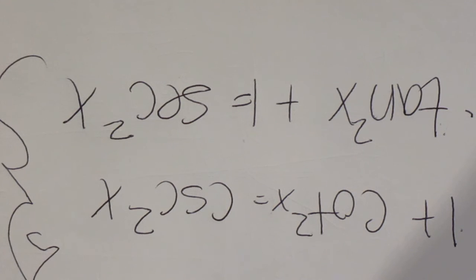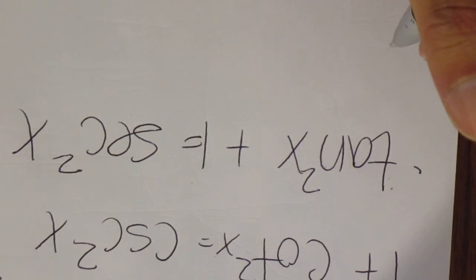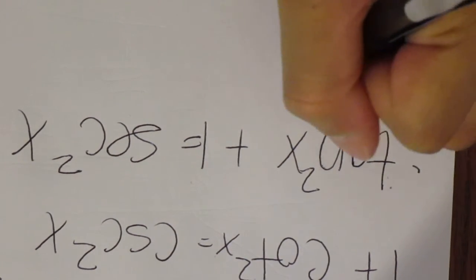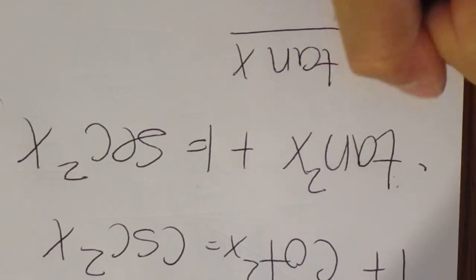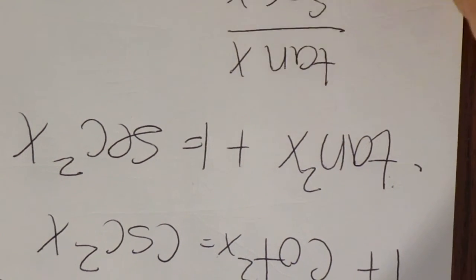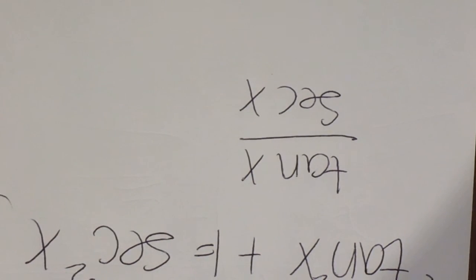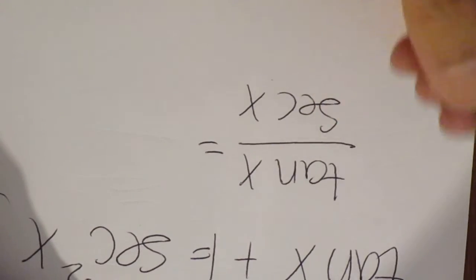So let's give an example. Let's simplify tangent x over secant x. So what is tangent again?